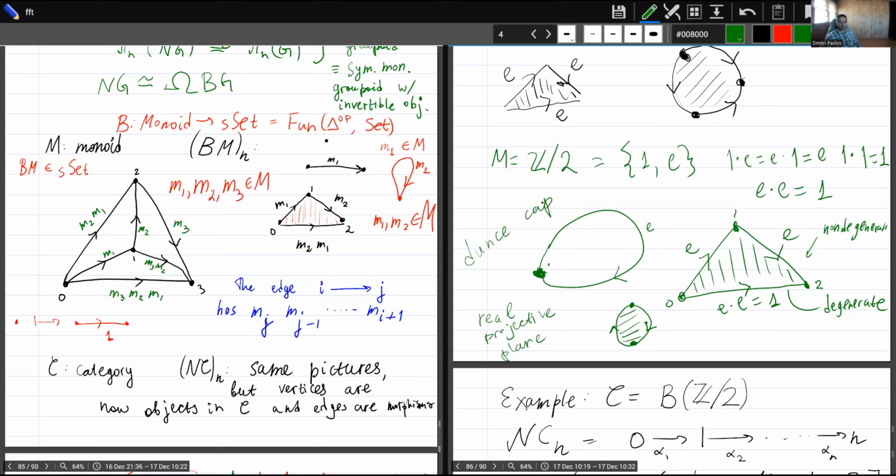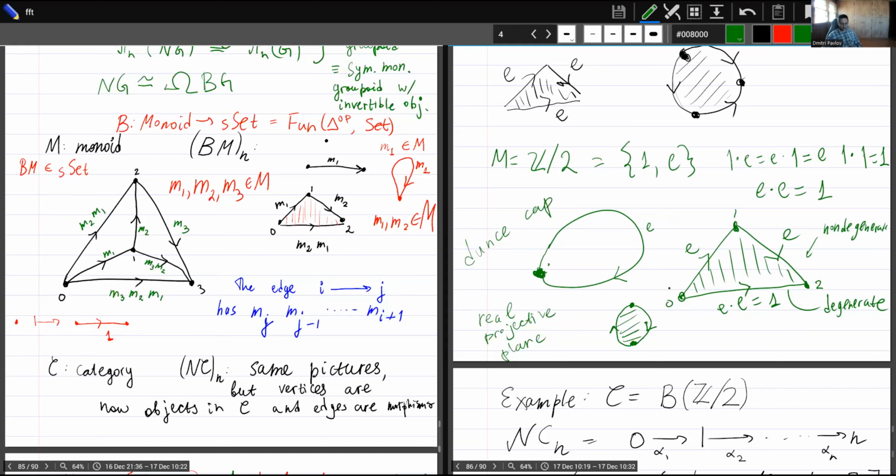You can see that when we try to classify a space of Z mod 2, something interesting happens. We see that the real projective plane emerges in dimension 2.